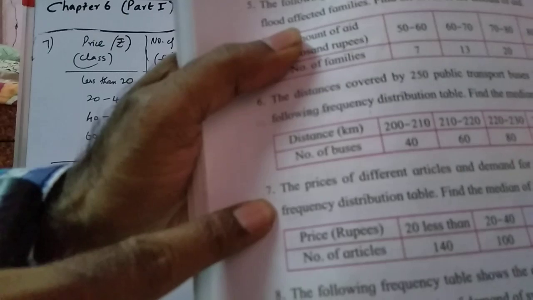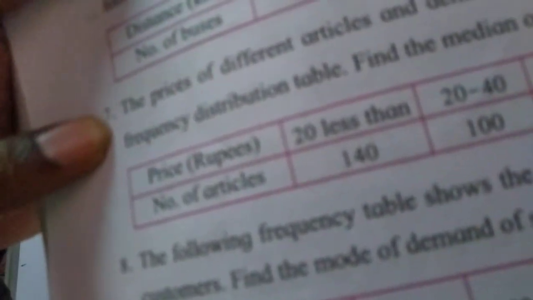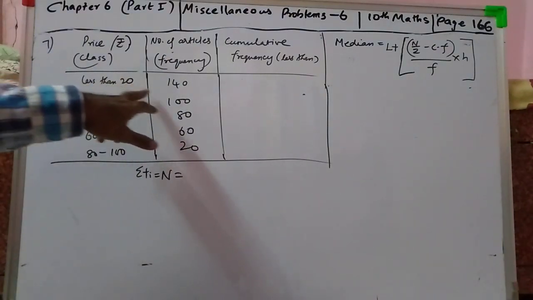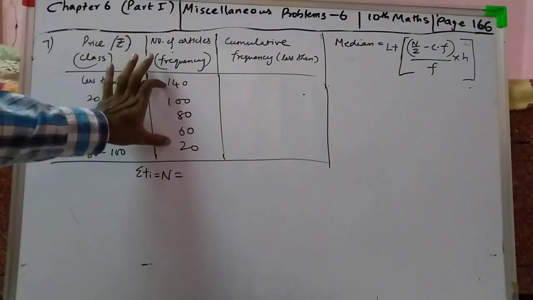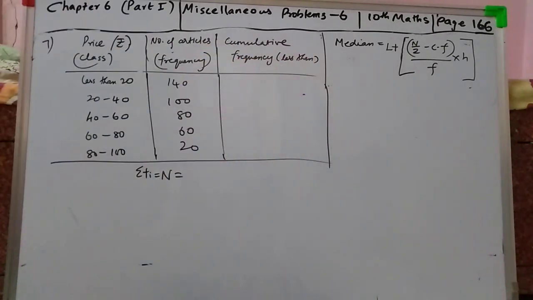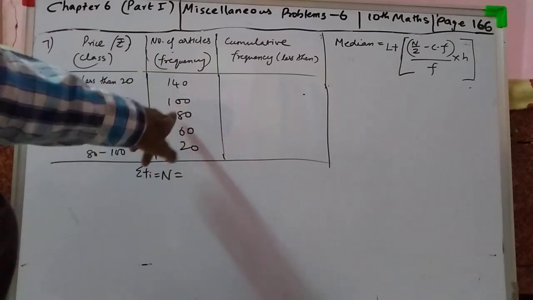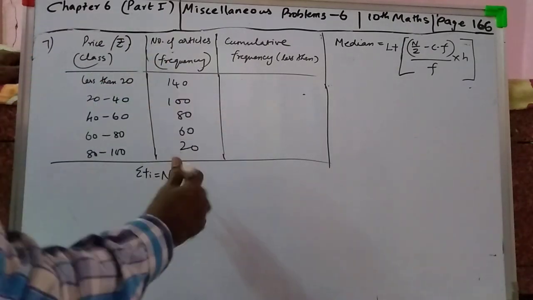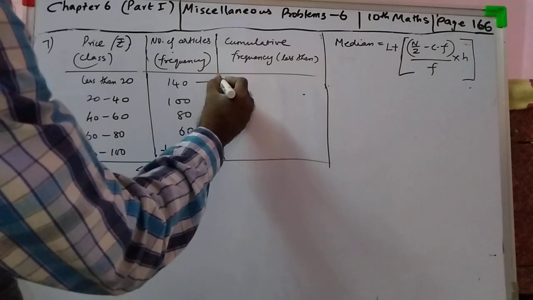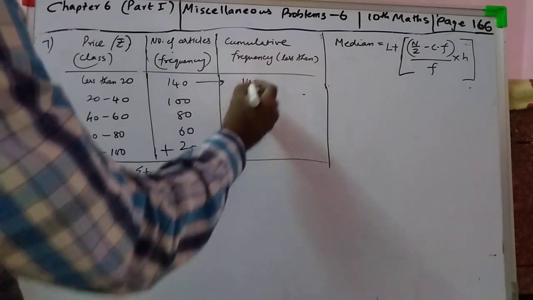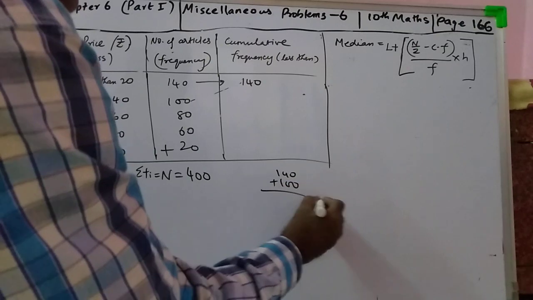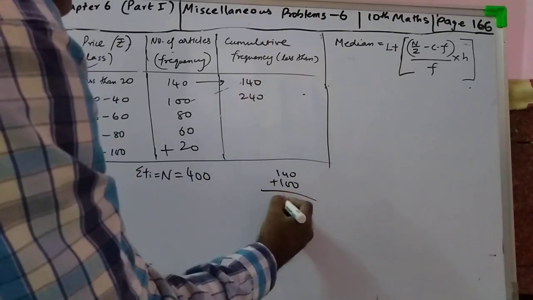Now we'll do the 7th. This is the given class frequency, and you have to find the cumulative frequency, less than type. First we will add all the frequencies; see how much it comes to. If we add it, it will come to 400. Now for cumulative frequency, take 140, then add 100, you get 240.